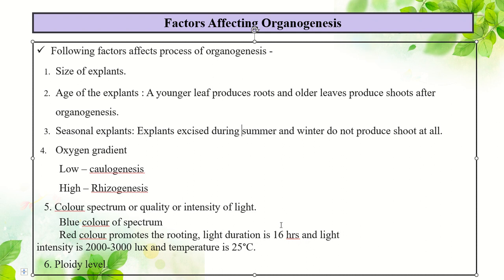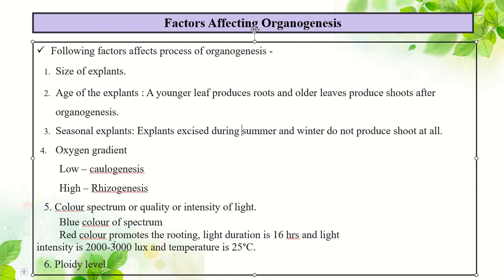Light duration is universally 16 hours and light intensity is 2000 to 3000 lux, which is compulsory for any plant tissue culture protocol. Some give 8 hours, 12 hours, 16 hours, but 8 to 16 is universal for all protocols.